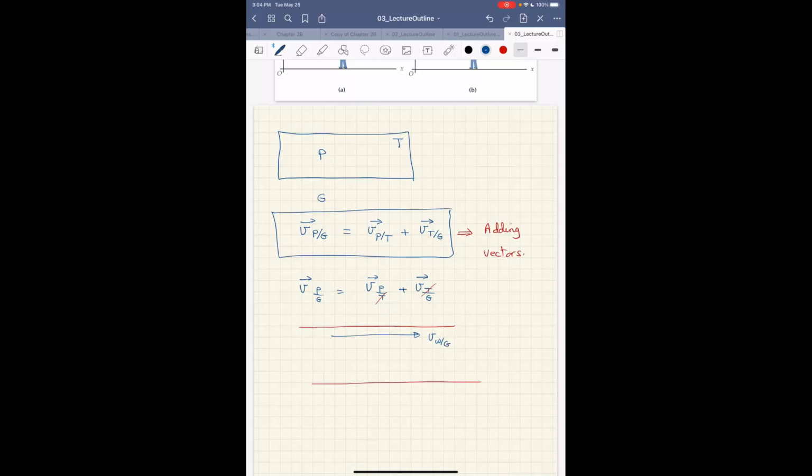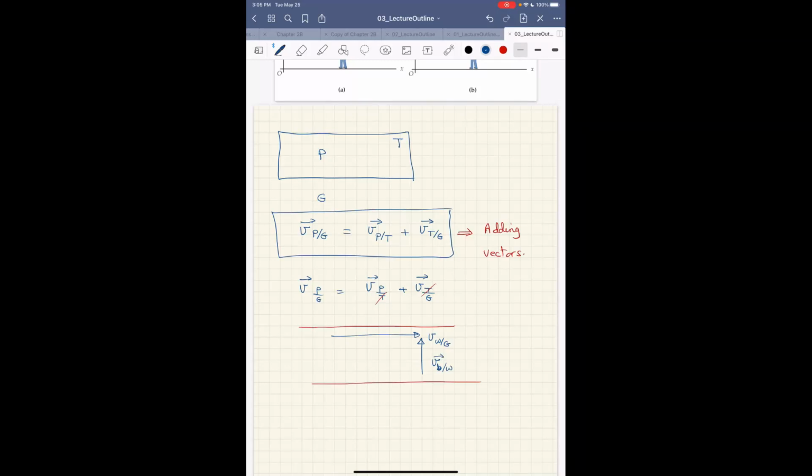And I want to move with a velocity, whatever velocity I'm going to do. If I go heading this way, then this is my velocity. This is the velocity of, let's say, a boat with respect to the water.